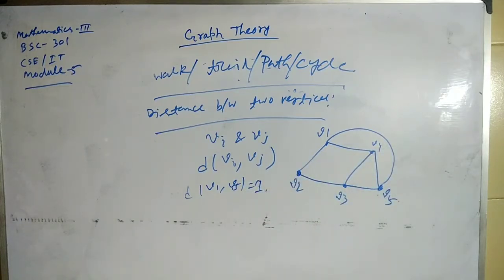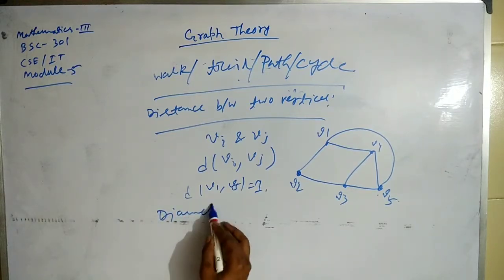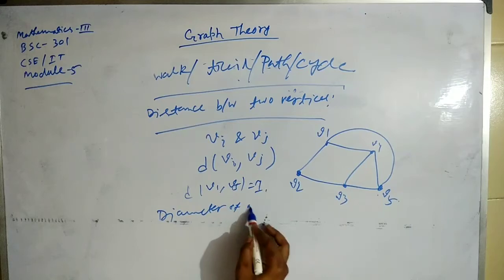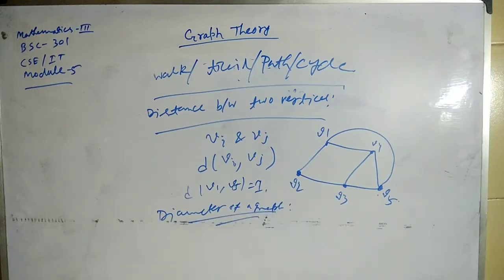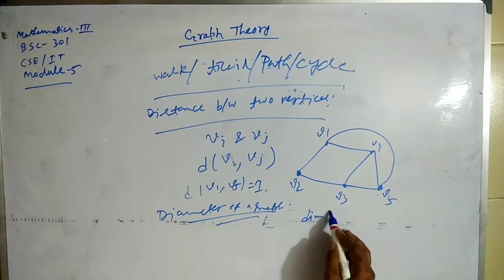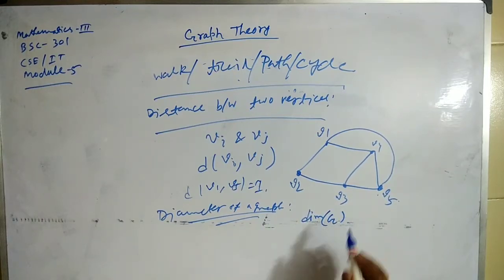Okay, clear? Next, what is the diameter of a graph? The diameter of a graph is the maximum distance between any 2 points. The maximum distance between any 2 points in a graph G is called the diameter of G and is denoted by diam(G).